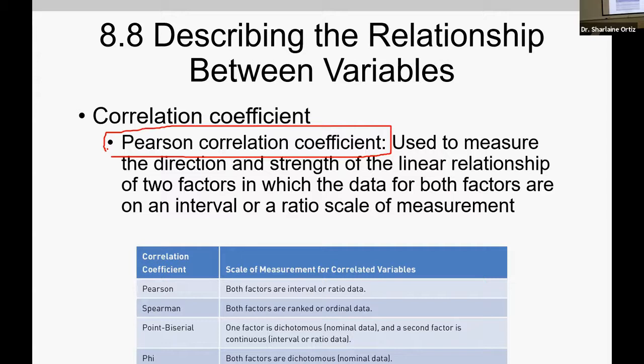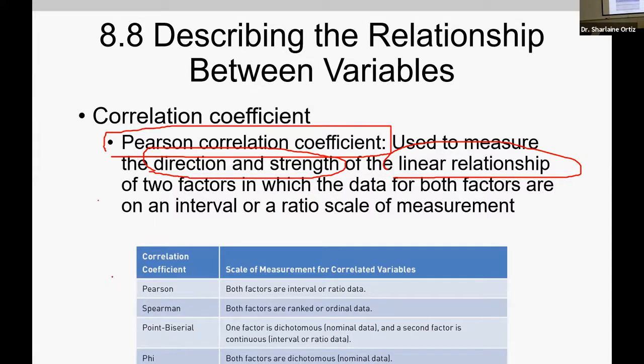We're trying to understand the measurement. It's a statistic that is going to give me the direction and strength of a linear relationship. Now, there are other instances in which we make use of other correlational coefficients.